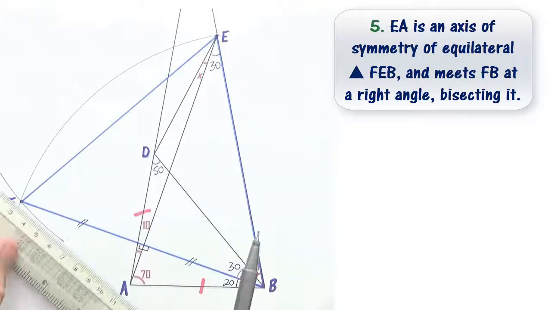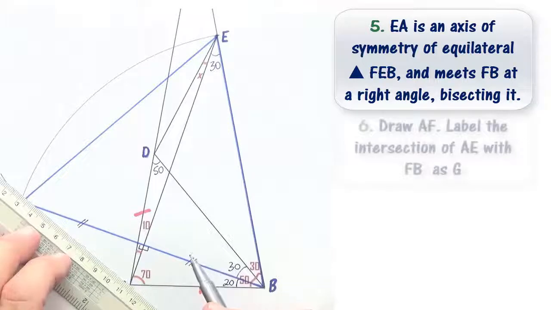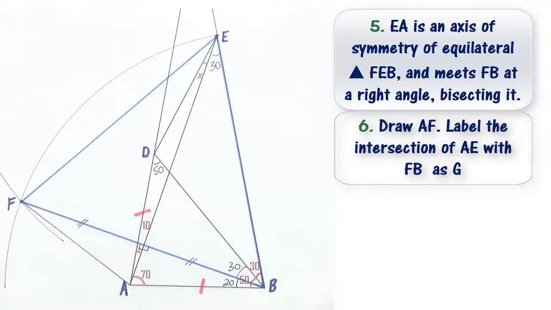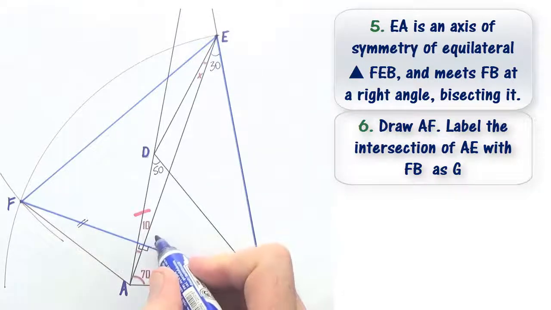Next, I'm going to draw the line AF. And I'm going to label the intersection of AE and FB as G.